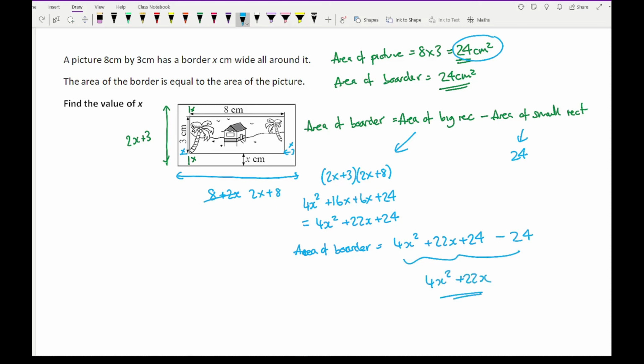Now it tells me that the area of the border is 24, so all I need to do now is solve this, and that's equal to 24. So by taking away 24, that's now equal to 0. So what I want to solve is 4x squared plus 22x minus 24 equals 0.